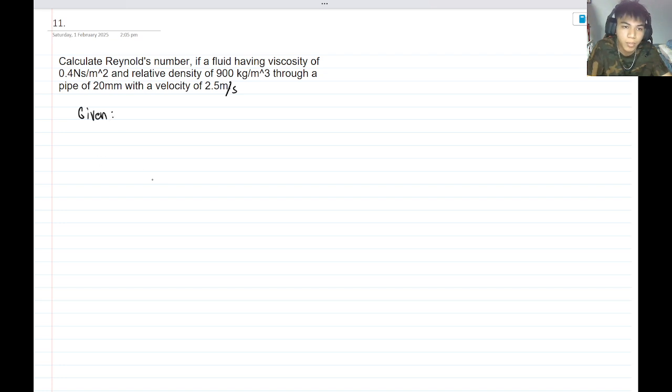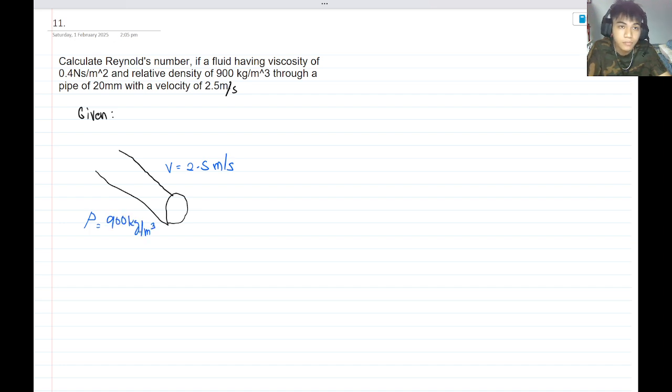So let's say that we have a pipe. Okay. Parang cross-section lang ang pipe. Meron siyang velocity 2.5 meters per second. The density 900 kilogram per cubic meter. Ang kanyang viscosity, mu, 0.4 Pascal second.